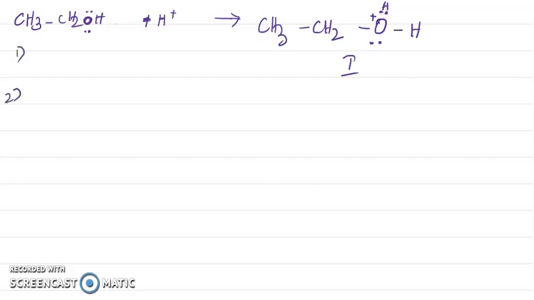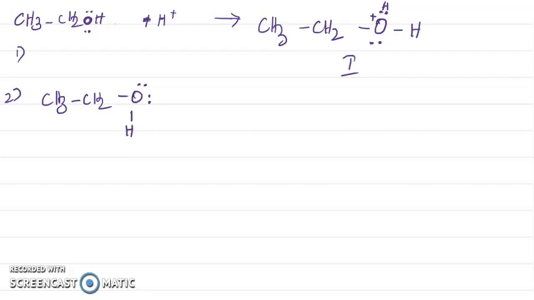The second reaction is what we have mentioned in the question, that the ethyl alcohol attacks the protonated alcohol, right? So first we have to write CH3CH2OH. This is ethyl alcohol. Otherwise you can write it this way: this is a lone pair and these two lone pairs here, and hydrogen.